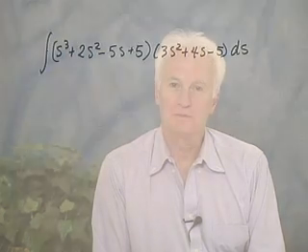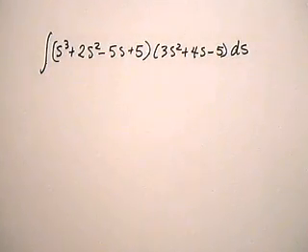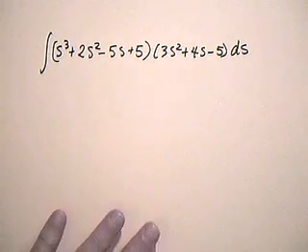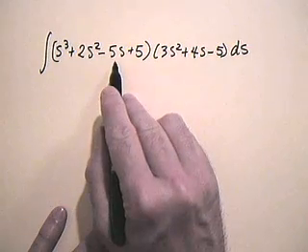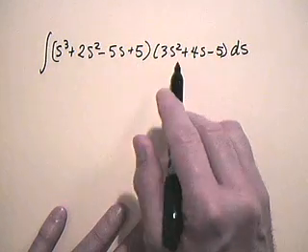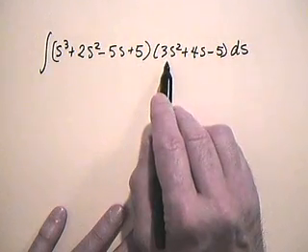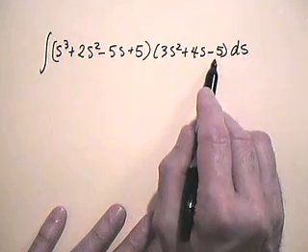The substitution rule can be used to simplify integrals sometimes where we could, if we wanted to, do it in a straightforward method. Let's look at an example. Here I have the indefinite integral of the quantity s cubed plus 2s squared minus 5s plus 5, all multiplied by the quantity 3s squared plus 4s minus 5.